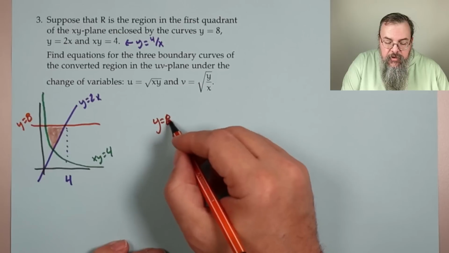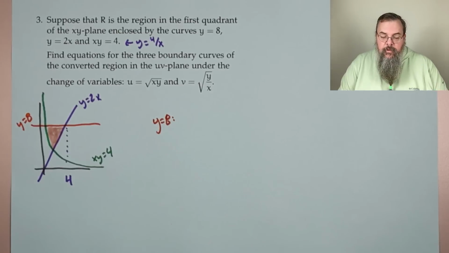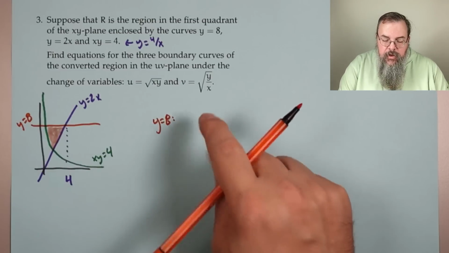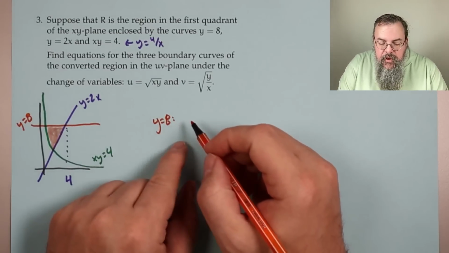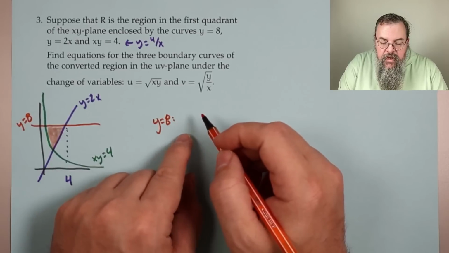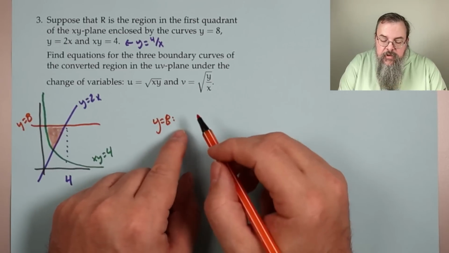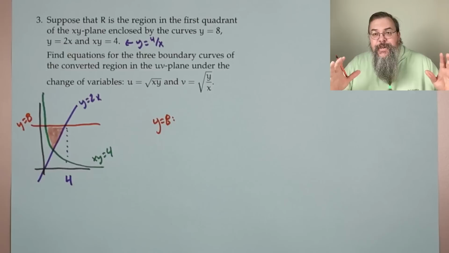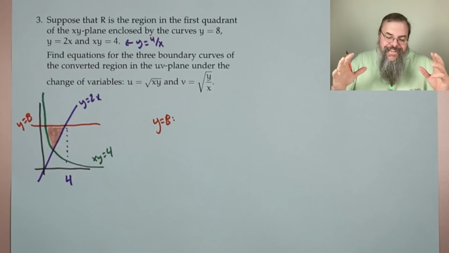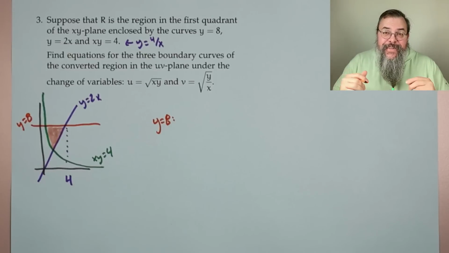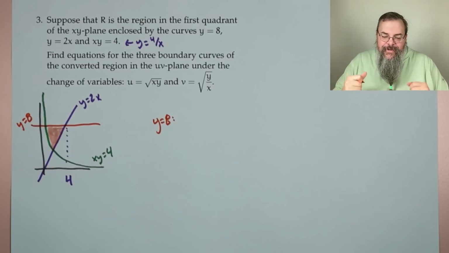Y equals 8. So, what do we see? Well, looking here, we see we can have a couple of things. There's so many ways we could do this, and I'm just like, oh, which is the right way to do this?